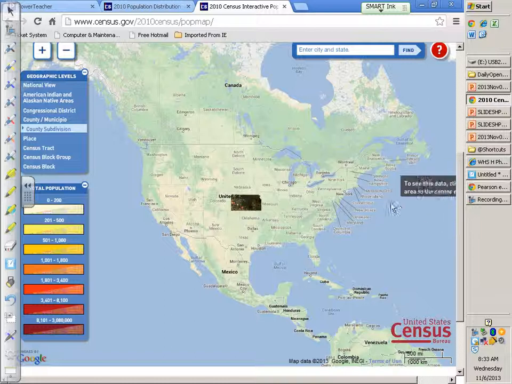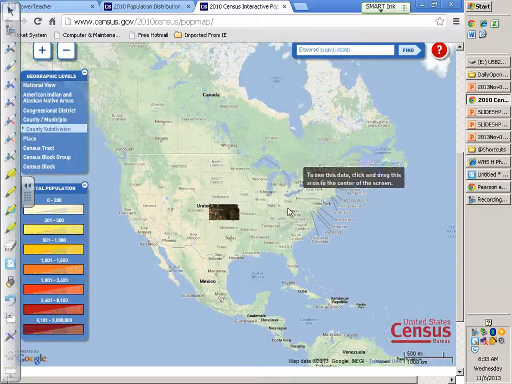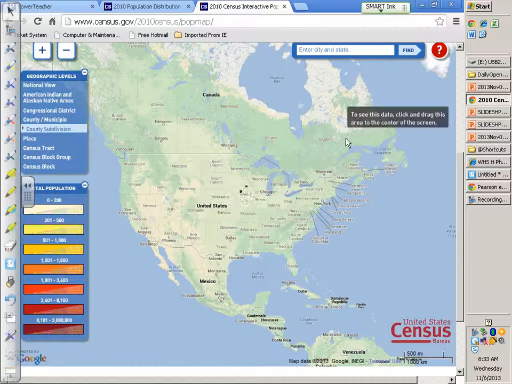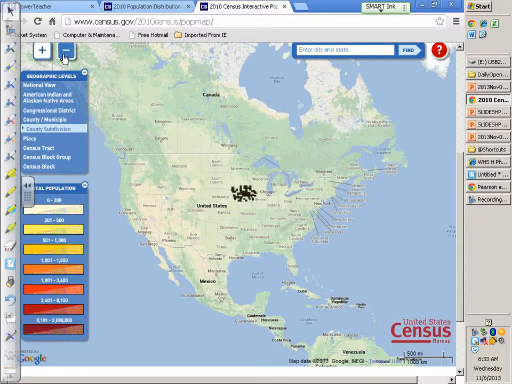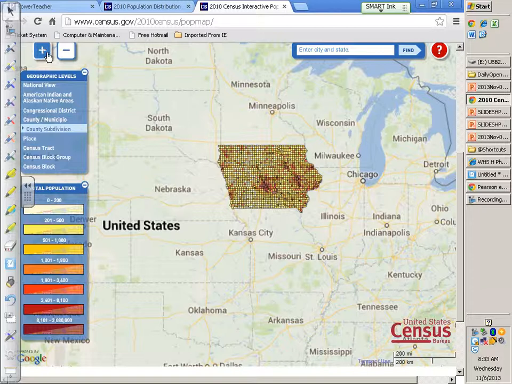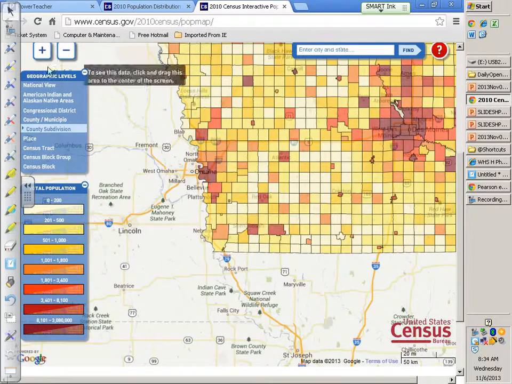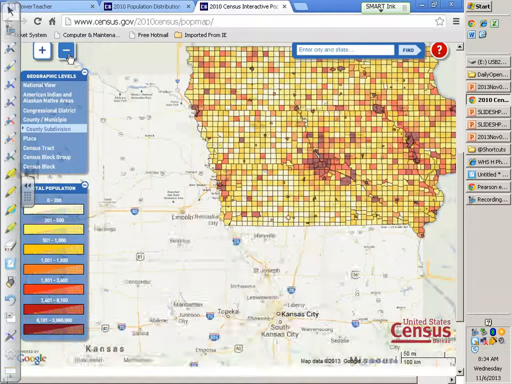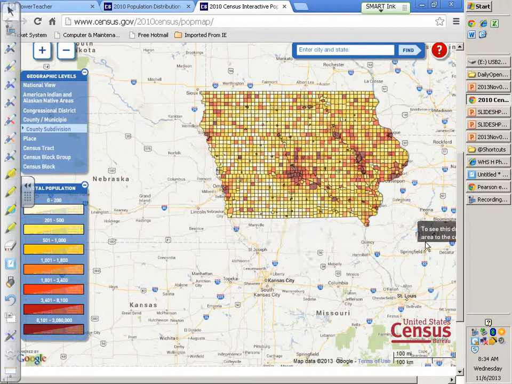Who wants to know the subdivision of Kansas? No. Iowa. I'm sure that's pretty exciting. Okay, that's a little too far. Sorry, zoom back out.